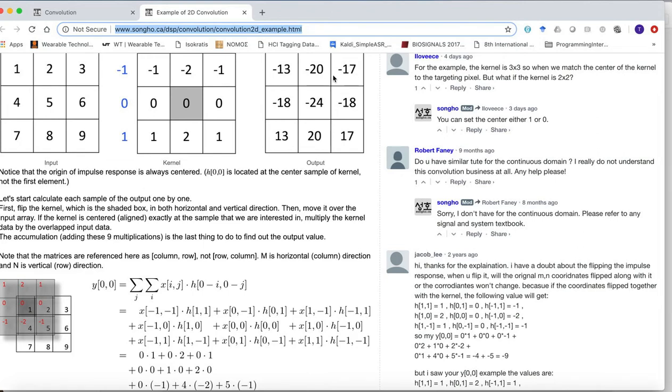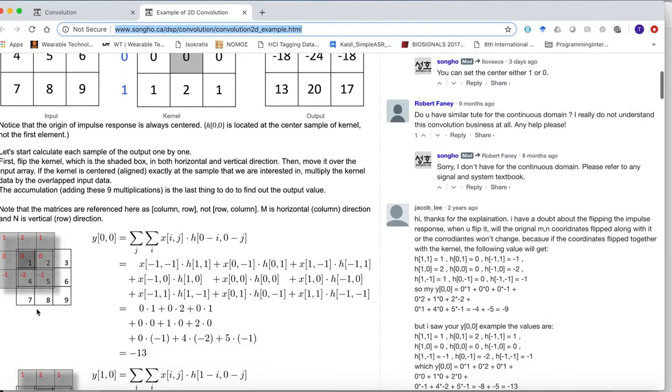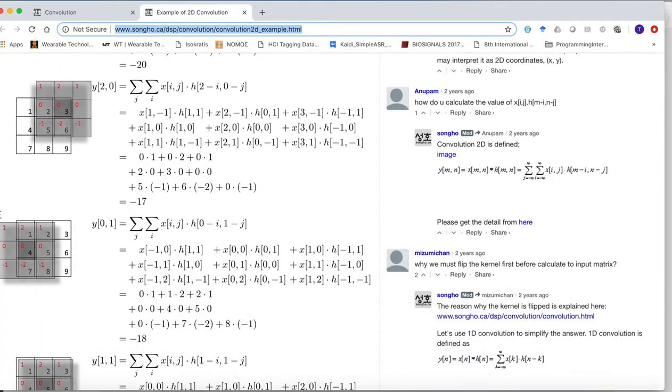Now, when we want to shift the kernel 1 pixel down, what happens is that we get images that look like that. And by doing that, we get the output of the image that is at 0, 1 instead of 1, 0, because we have shifted 1 pixel on the y-axis.